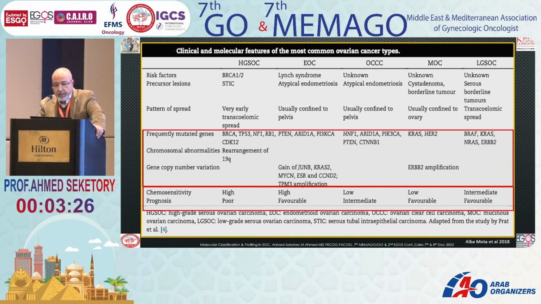These are the genes that affect each category, and the chemosensitivity in the high grade and endometrioid is good, but for all the other types, chemosensitivity, I mean platinum sensitivity, is very low. We used to treat them all the same and expect the same results. As you can see here, the overall prognosis is favorable in the endometrioid ovarian cancer and true mucinous ovarian cancer.